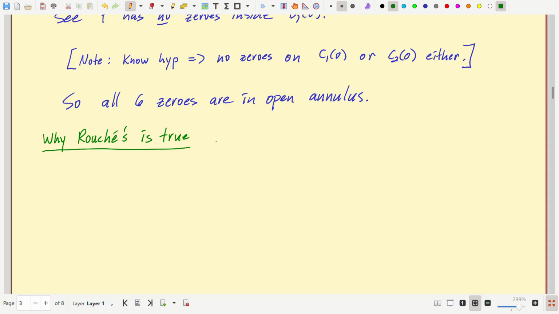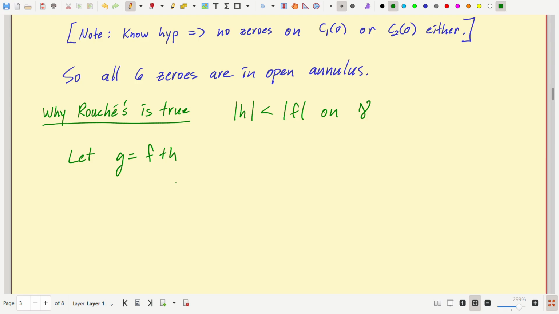Some books use an F and a G instead of an F and an H. So let's see. I've got the modulus of h is less than modulus of F on gamma. Let G equal F plus H. I want to show that F and G have the same number of zeros.